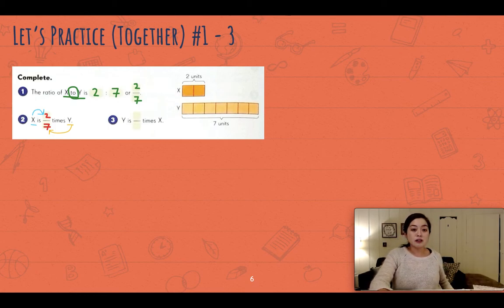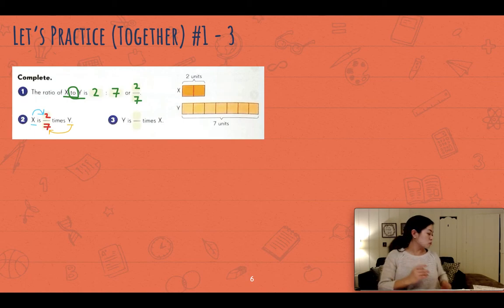It's because in yesterday's lesson, when we have a sentence written as something is what times something else, that first value that comes before the "is" correlates to the numerator in the fraction, and then the last part of the sentence, or in this case y, that comes after the word "times," correlates with the denominator of the fraction.